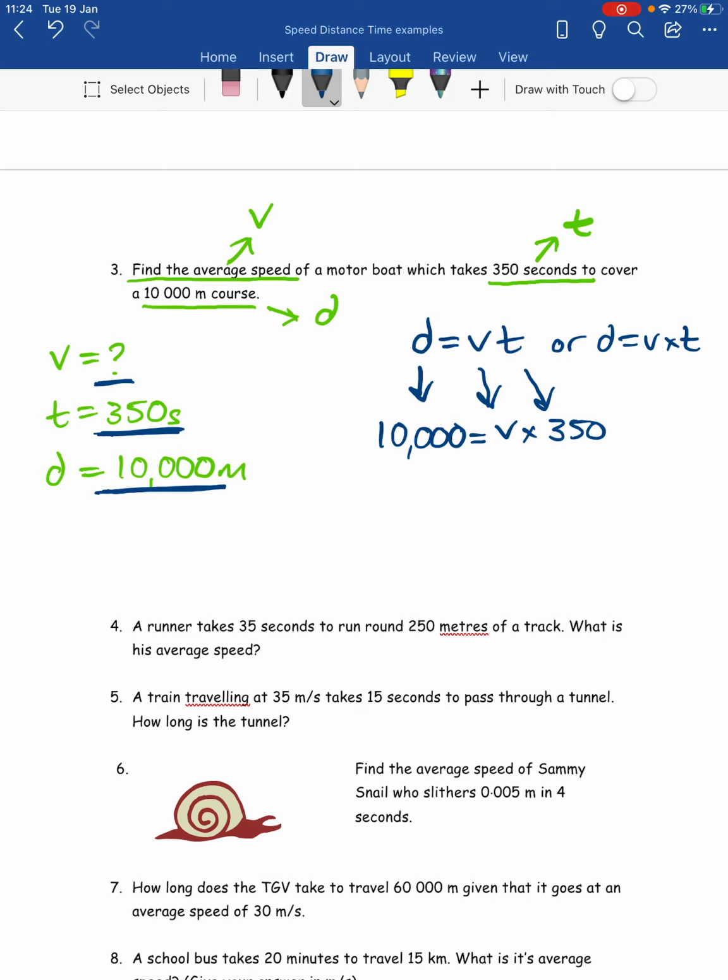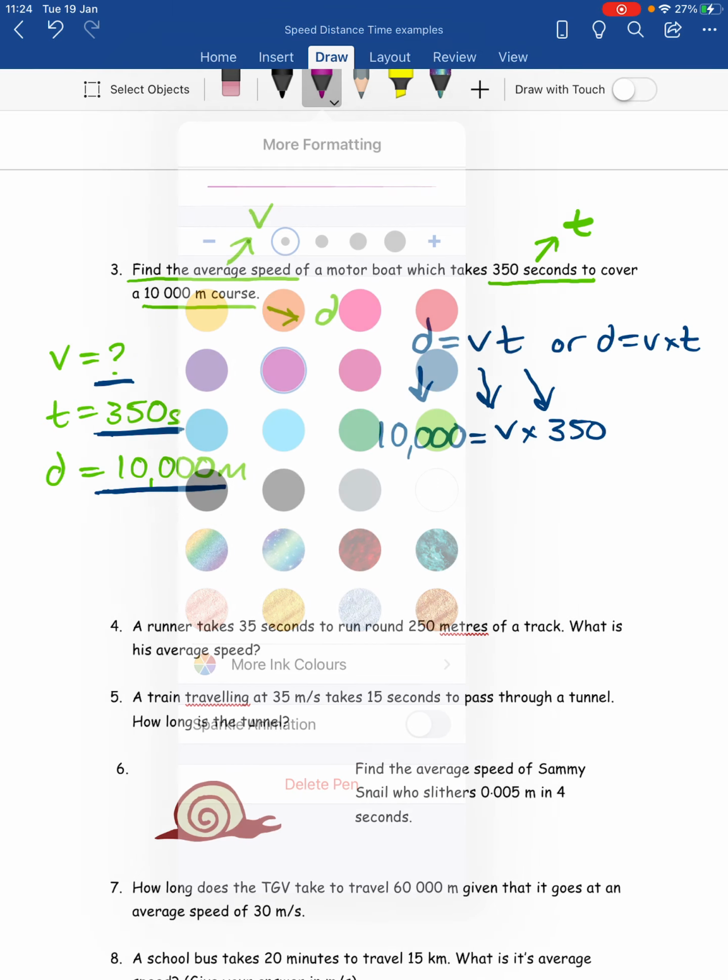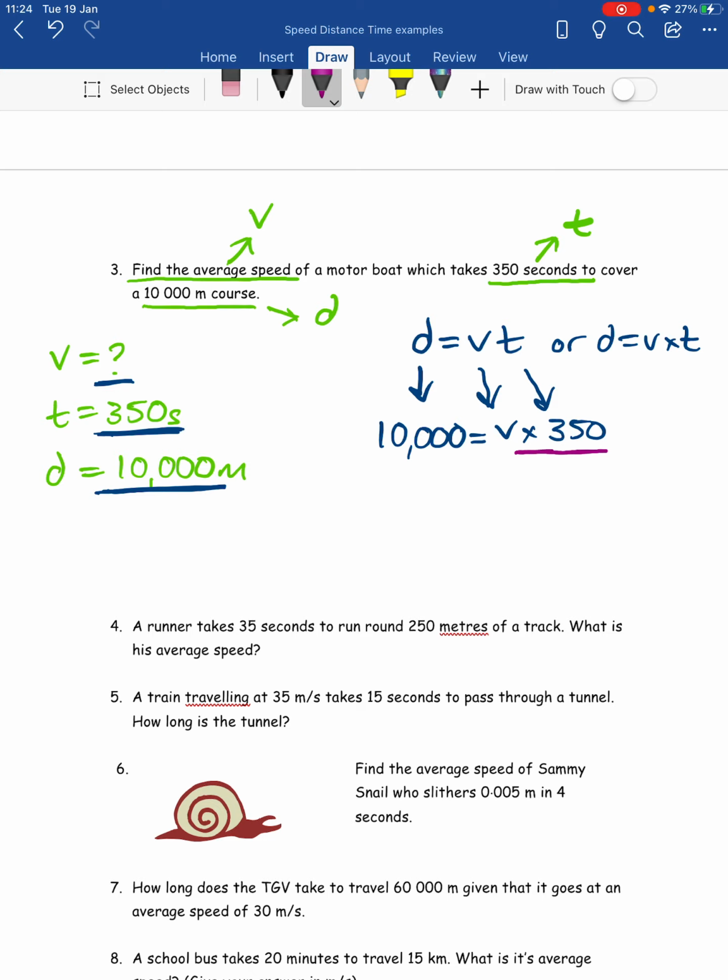Now what I want is I want V by itself. Now at the moment, it is attached to the multiplication sign and the 350. So this means that this 350 needs to go across to the other side of the equal sign.